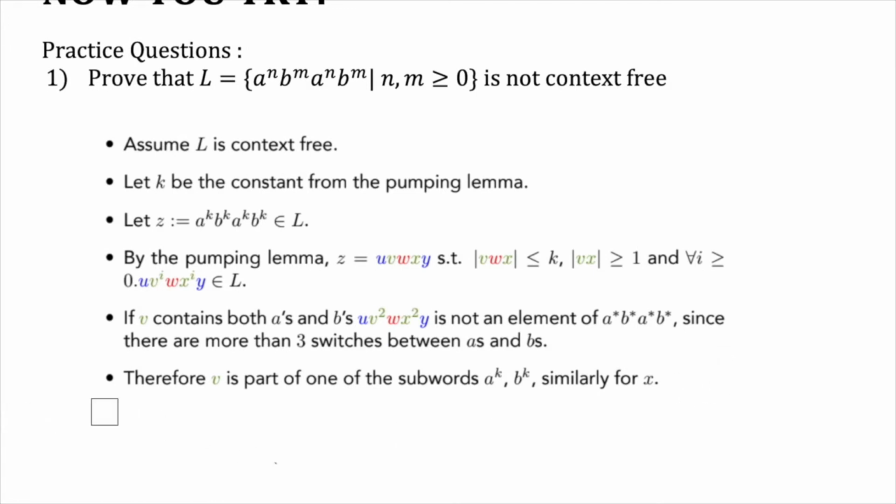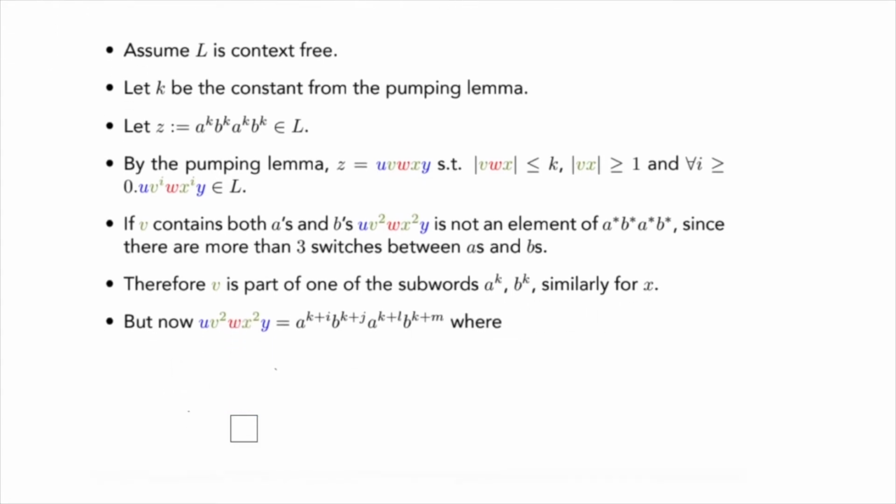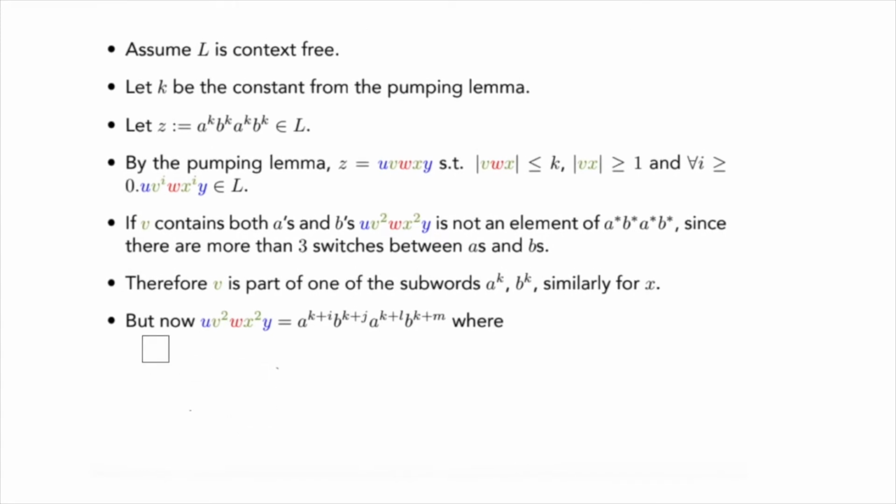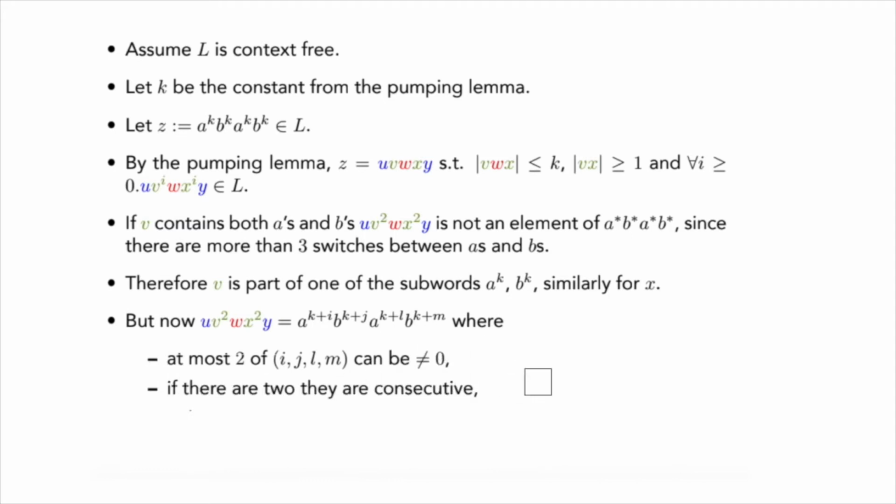X would have to be composed of only A or only B. But now, u v squared w x squared y will be equal to a to the k plus i, b to the k plus j, a to the k plus l, b to the k plus m, where at most 2 of i, j, l, or m can be equal to 0. And if there are 2, then they are consecutive.